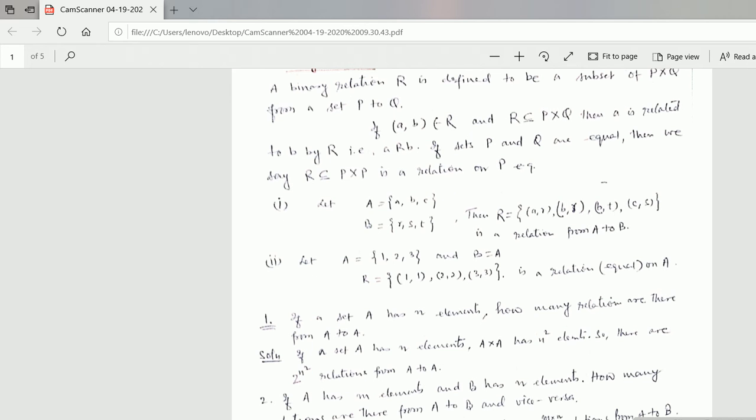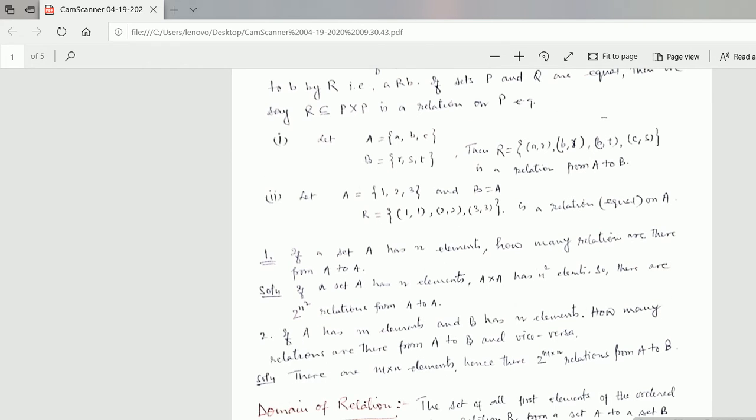If sets P and Q are equal, then we say R, a subset of P cross P, is a relation on P. For example, let A be equal to the elements a, b, c, and set B equal to r, s, t.